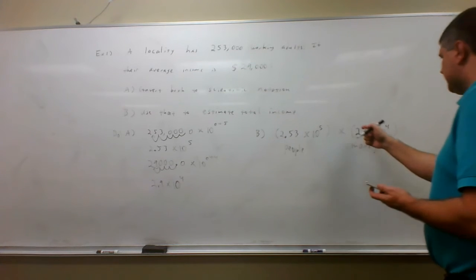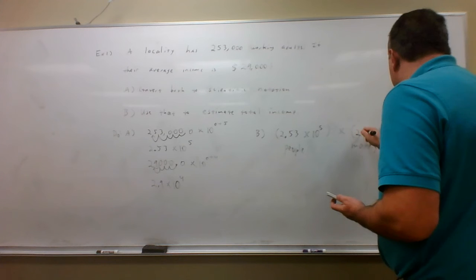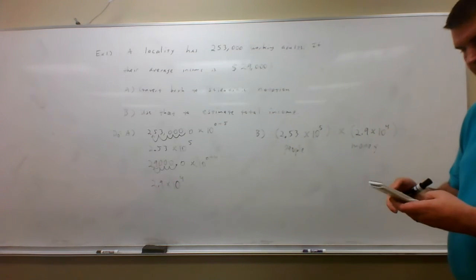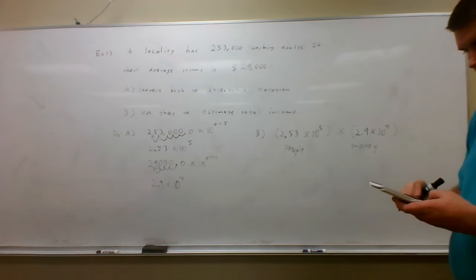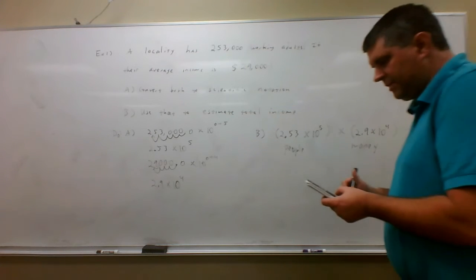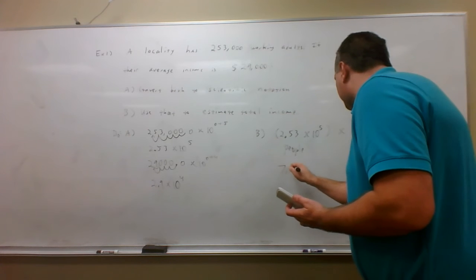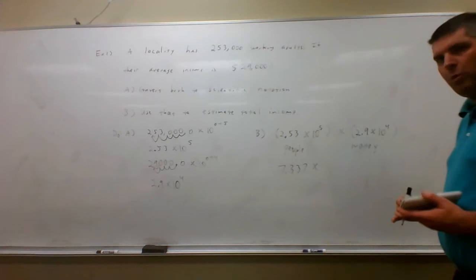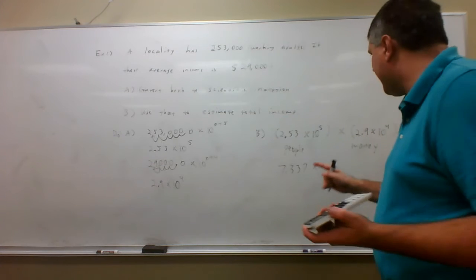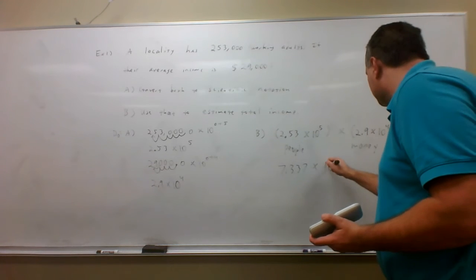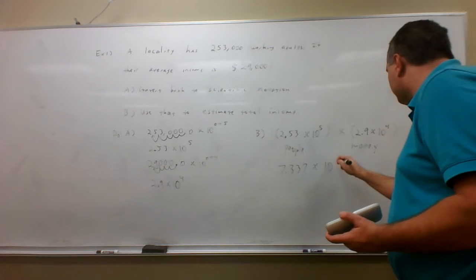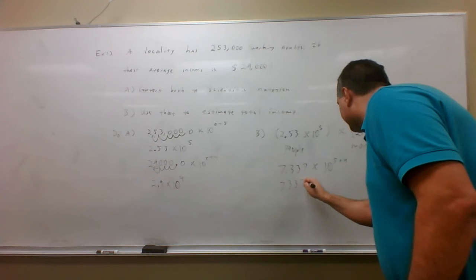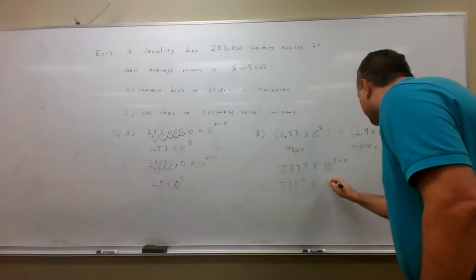What I recommend you folks do is I'll take 2.53 times 2.9. That gives me 7.337 times. When you're multiplying, you can just add the exponents. 5 plus 4 gives me 7.337 times 10 to the 9th.